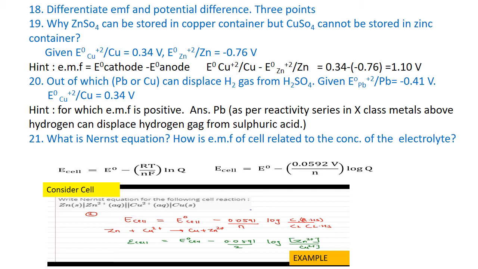So the one for which EMF is positive, जिसके लिए भी EMF की वैल्यू पॉजिटिव आएगी, that will displace hydrogen gas from sulfuric acid. So in this case, lead will displace hydrogen gas. या आप रिमेम्बर कर सकते हैं 10th क्लास के बेस पर, based on the activity series. All elements which are present above hydrogen in the activity series will displace hydrogen gas.